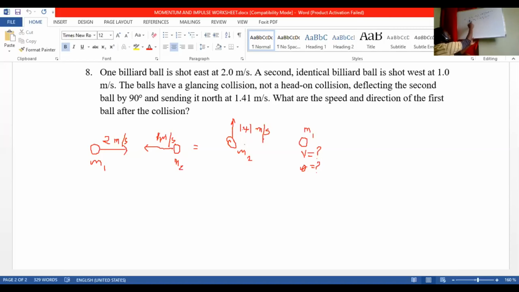Remember, the masses are the same, so we can say that 2 minus 1, which is 1, times M1 equals M1 V1F cos theta, and again these two masses are the same.